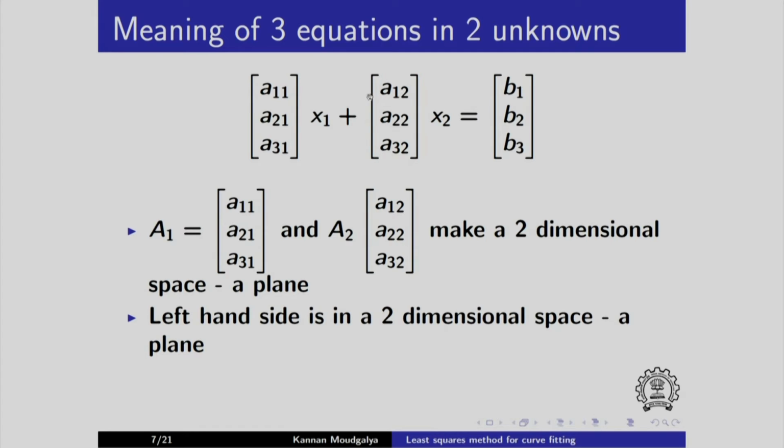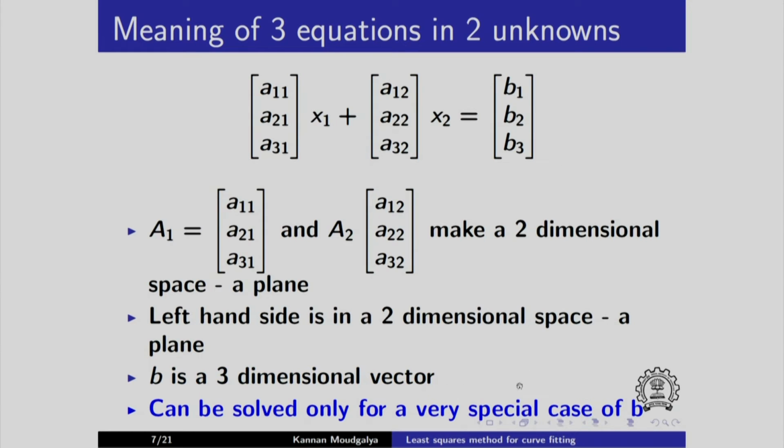So a linear combination of these two will be in a plane, whereas B is a three-dimensional vector. And remember, these A's and B's are obtained experimentally. So what do we have here? We have a plane here described by two vectors, but on the right hand side we have a three-dimensional vector.